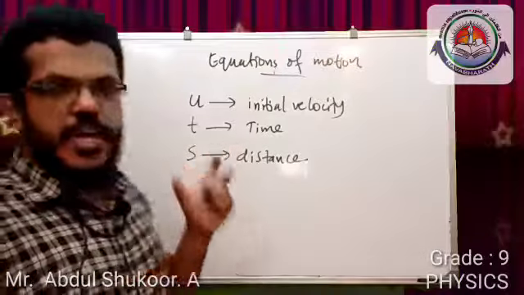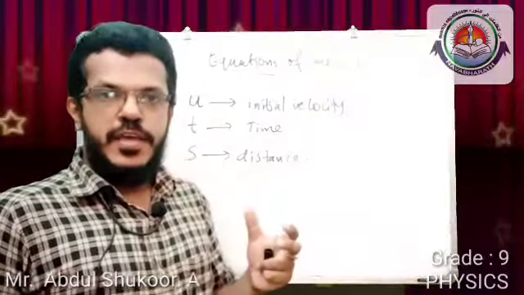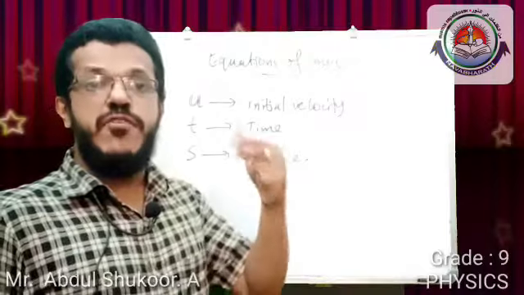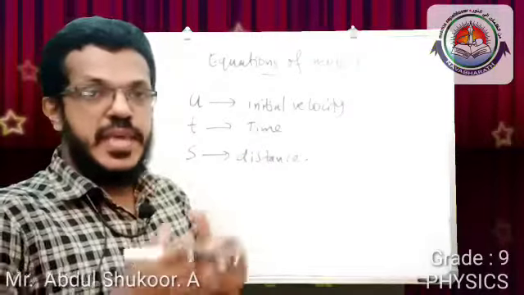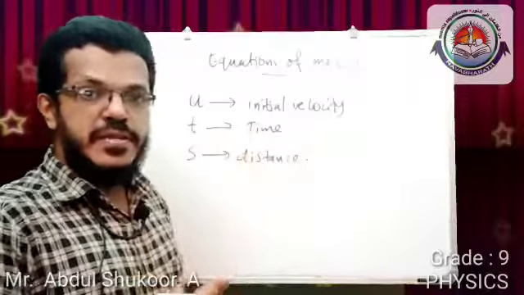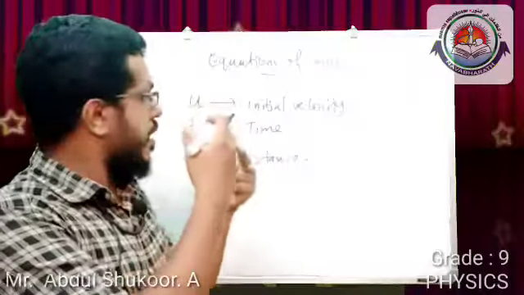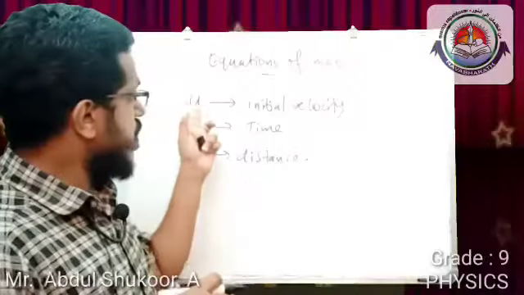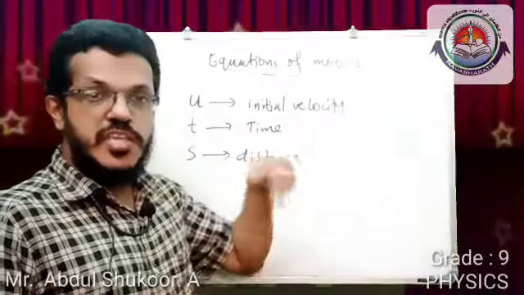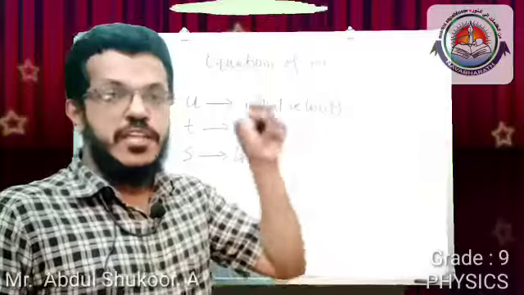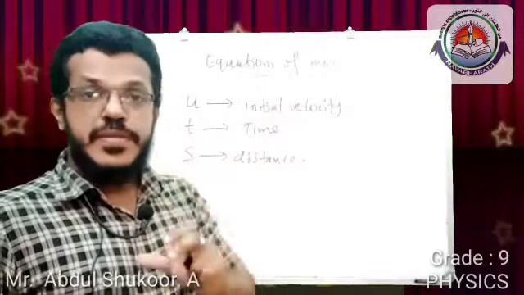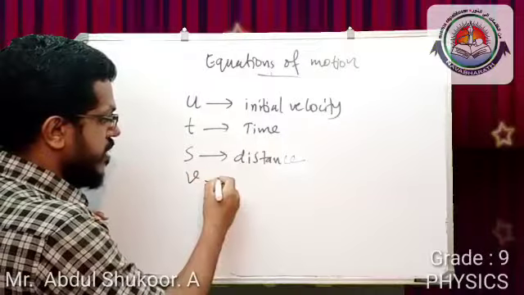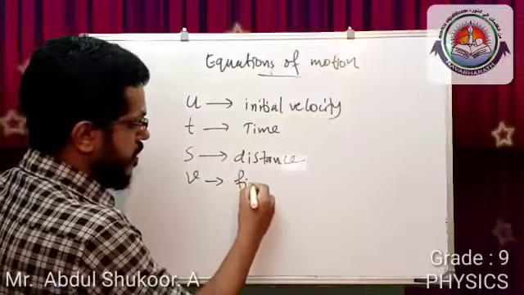If we apply a force, or produce an acceleration for this body, a change of velocity happens in its motion. The velocity changes from the initial velocity to another velocity, represented by the letter v, that is the final velocity.